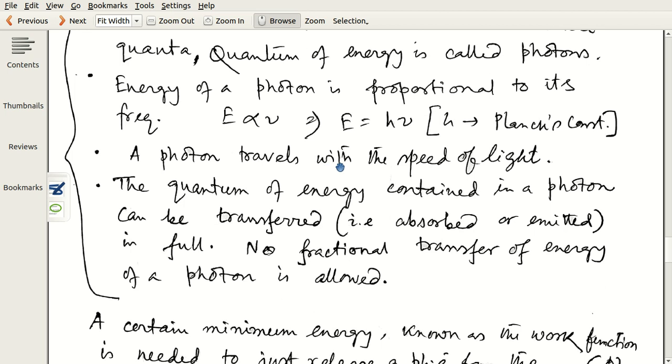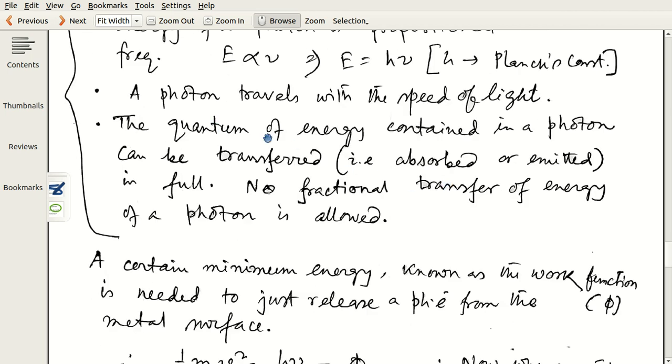A photon travels with the speed of light, and the quantum of energy contained in a photon can be transferred, that means it can be absorbed by some matter or emitted from some matter in full. Whole quanta will be absorbed or emitted, no fractional transfer of energy of a photon.